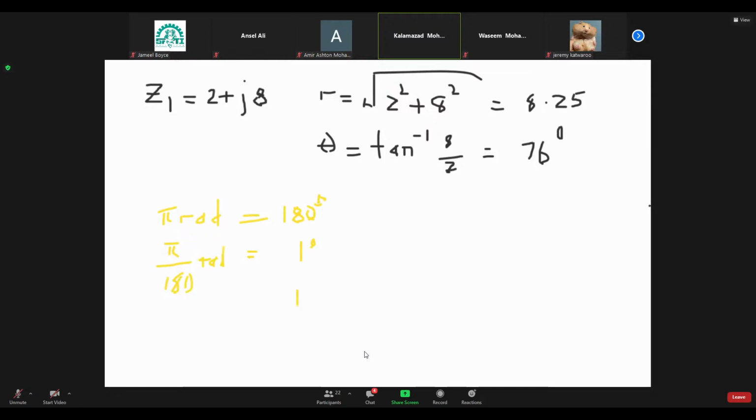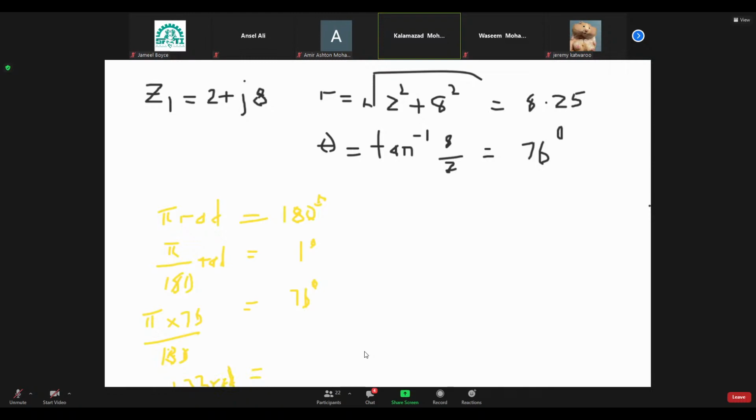So 76 degrees would be pi times 76 over 180, which is equal to 1.33 radians.